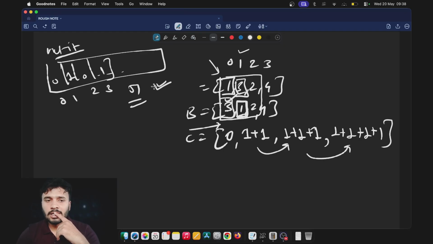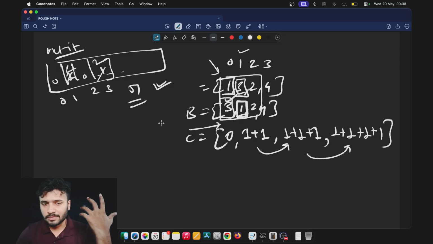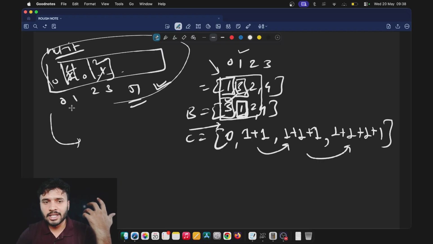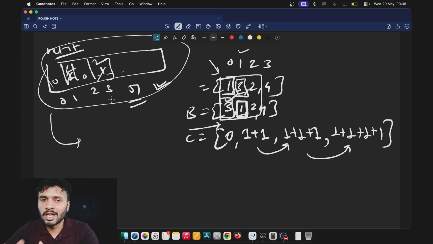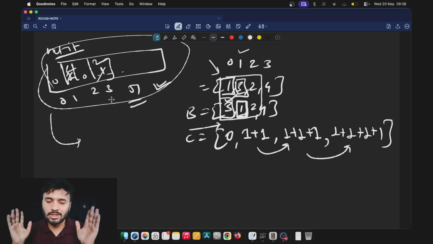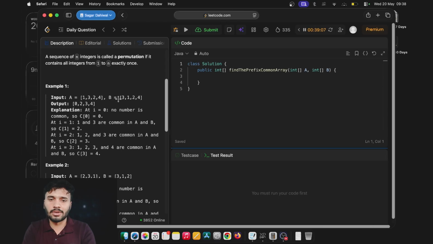Then we found 3 and 1 again, so the frequencies are increased, and so on. At every index, we traverse this array, put that number's frequency into it, and then just count how many are greater than 2. That's the core idea. Let's code it.